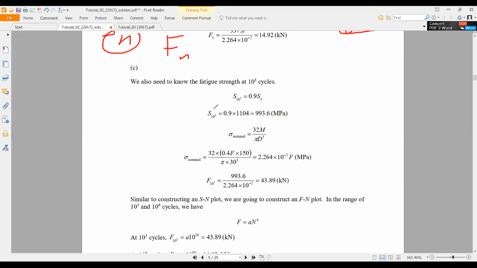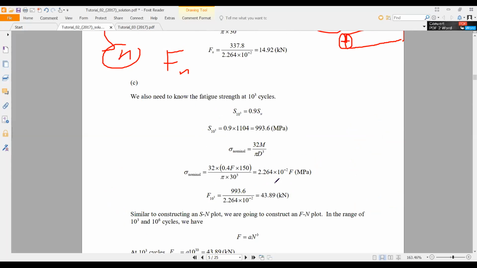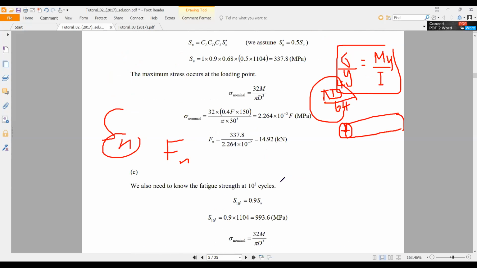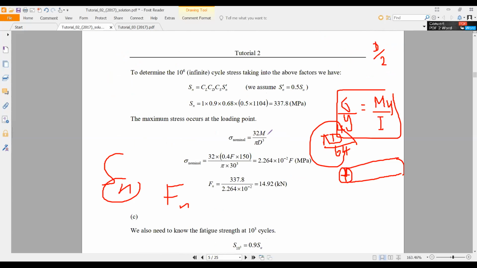It is relevant to this strength, okay? So then you will get the load. In this equation, they've used 0.4 times F, and in the early one for the nominal stress, they used 0.5. Can you repeat again? I said in the early equation, the step above, here, they used... In here.